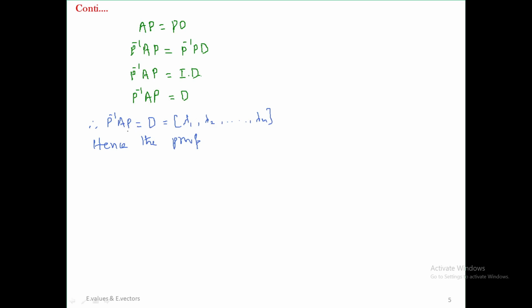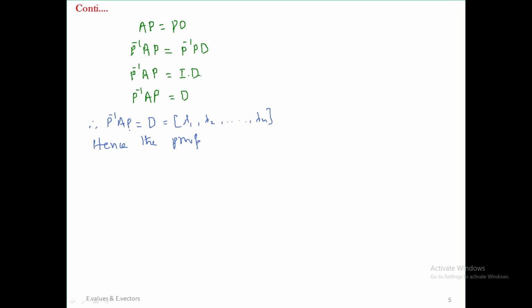Once P is a matrix having linearly independent eigenvectors, then P inverse exists automatically. Then we can calculate P inverse and P. Then pre-multiply A with P inverse and post-multiply A with P, so that this matrix becomes a diagonal matrix. This is another way of proving whether the matrix A is diagonalizable or not.